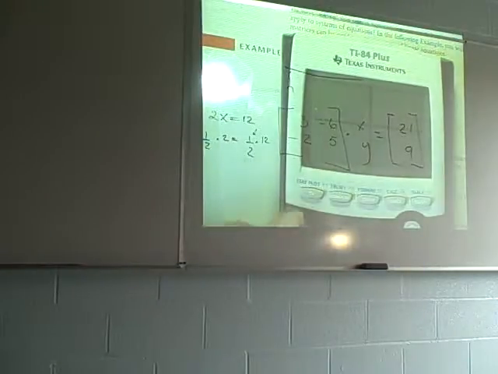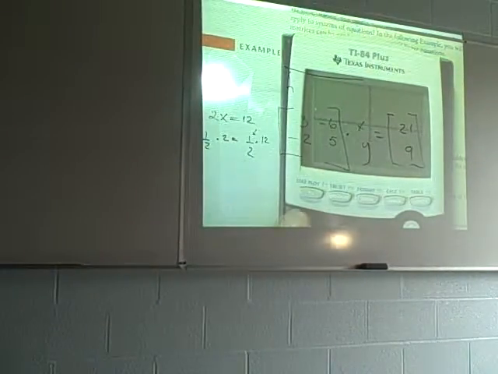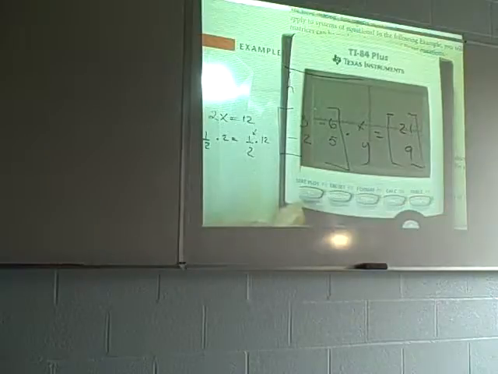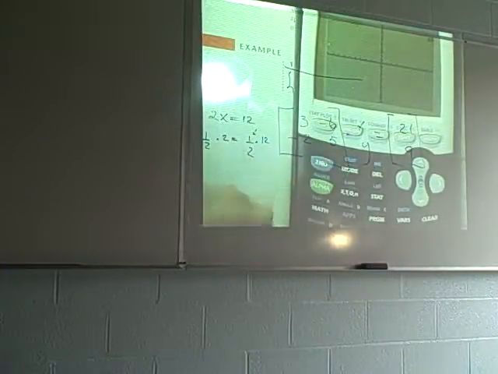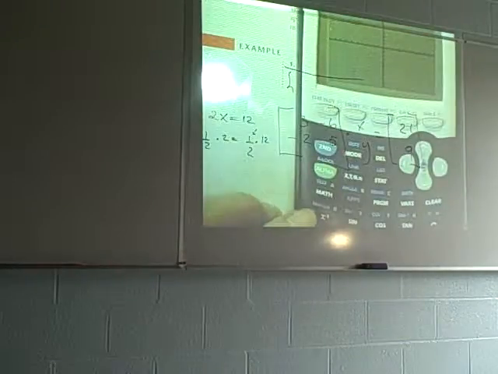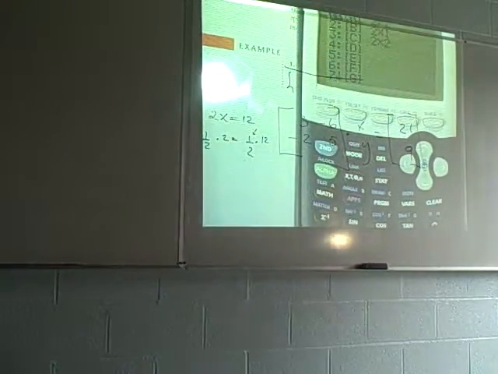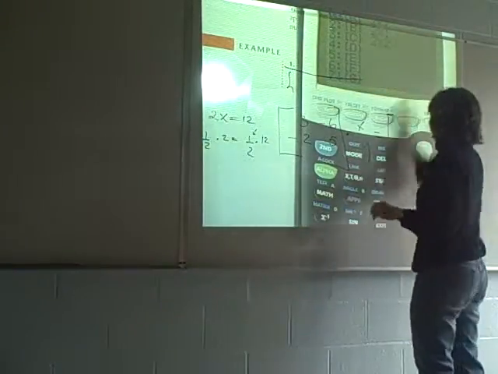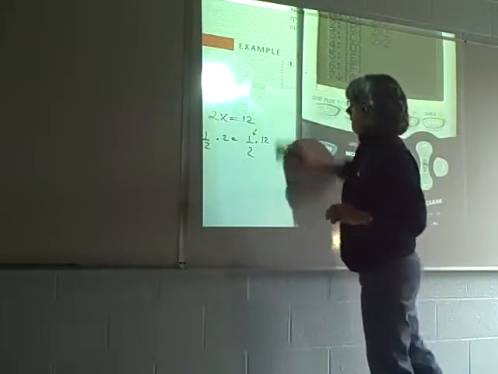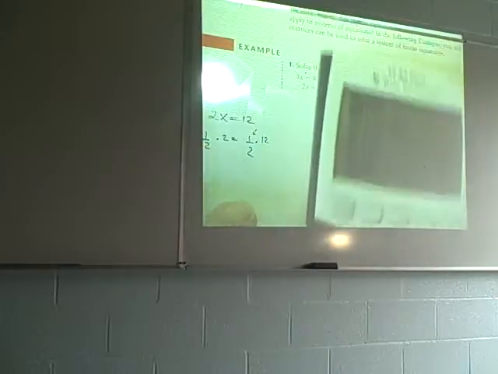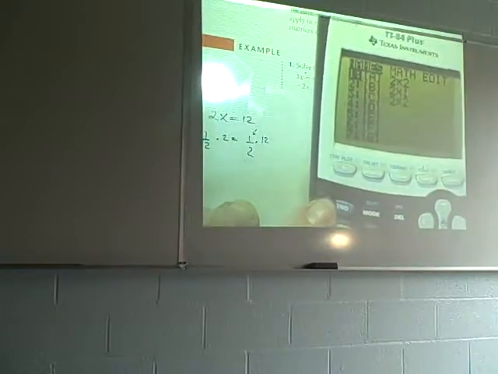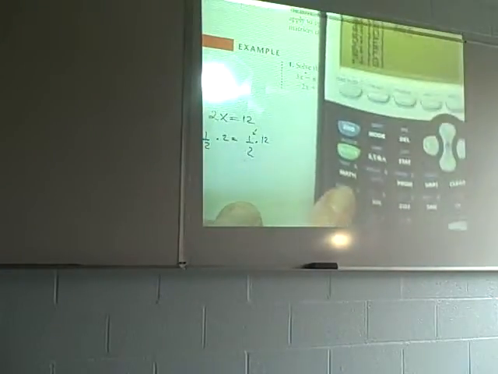Everybody remember how to do matrices? Second, this x to the negative 1 over here. I pushed the second button, and it's right over here.